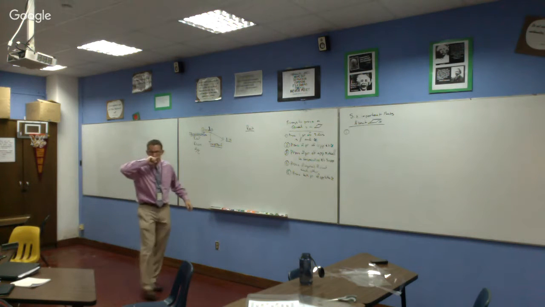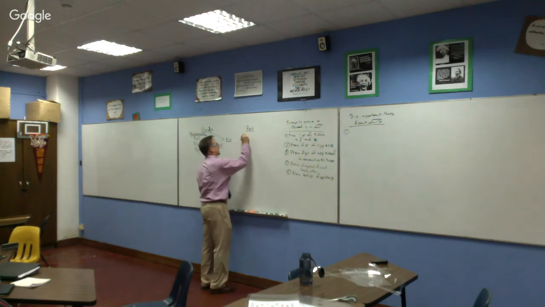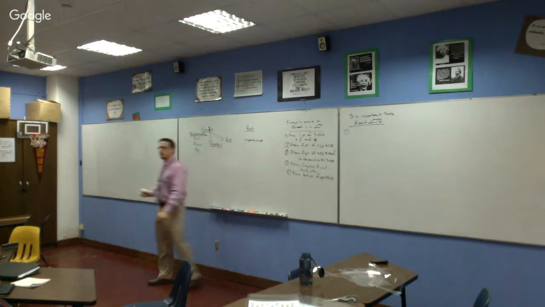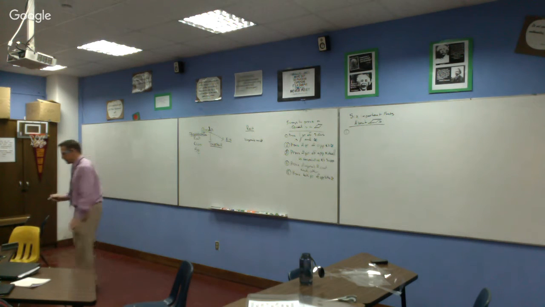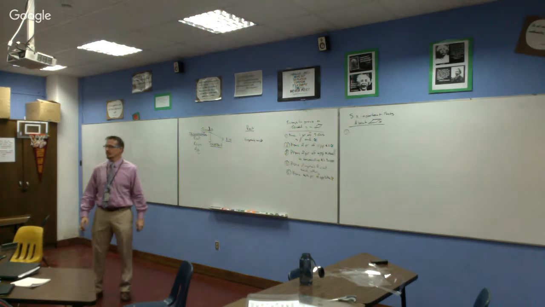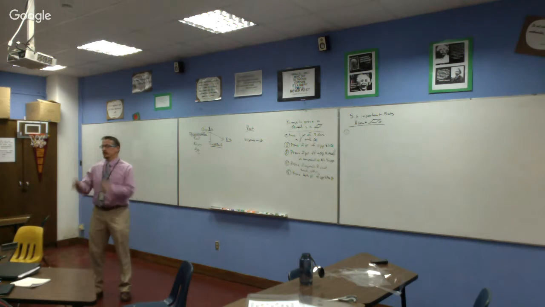Diagonals are congruent. Okay, prove that the diagonals are congruent. What else? Diagonals bisect. Is that going to prove that we have a rectangle?